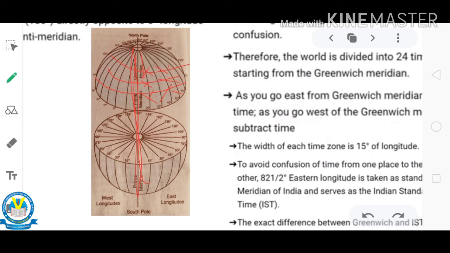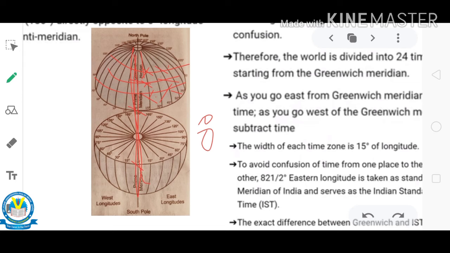The longitude that passes through the astronomical observatory at Greenwich, England is called the 0 degrees meridian, the prime meridian or Greenwich meridian.